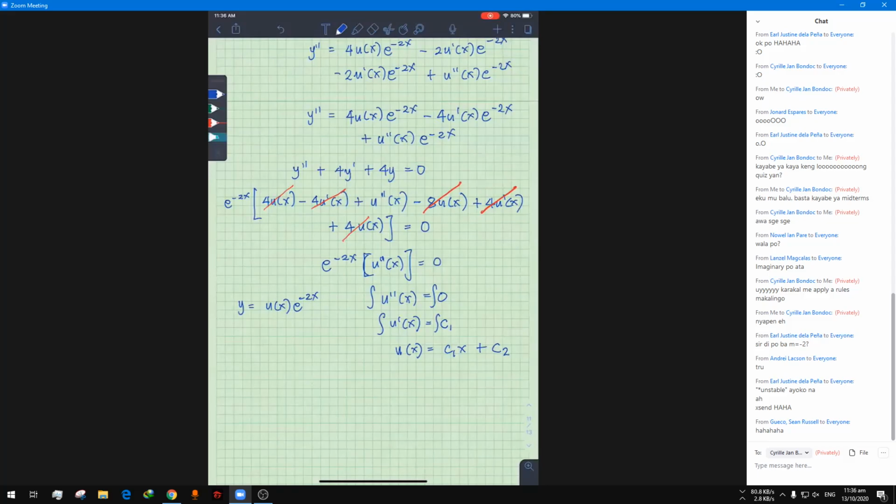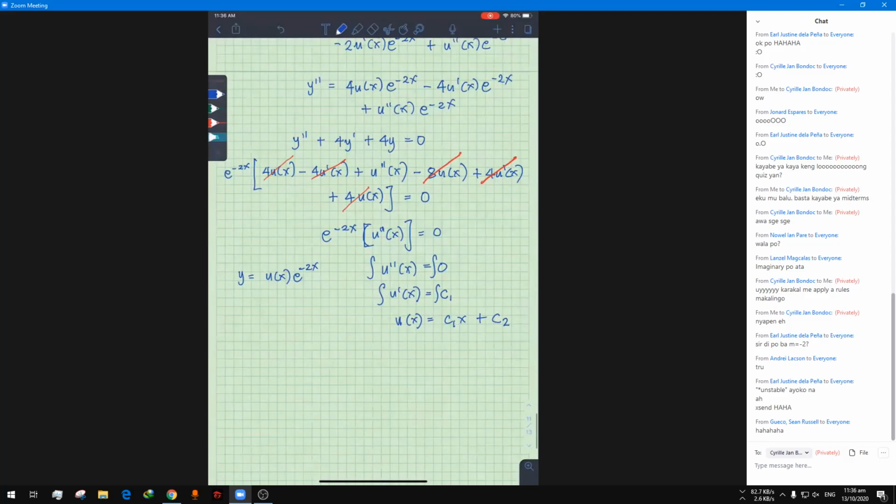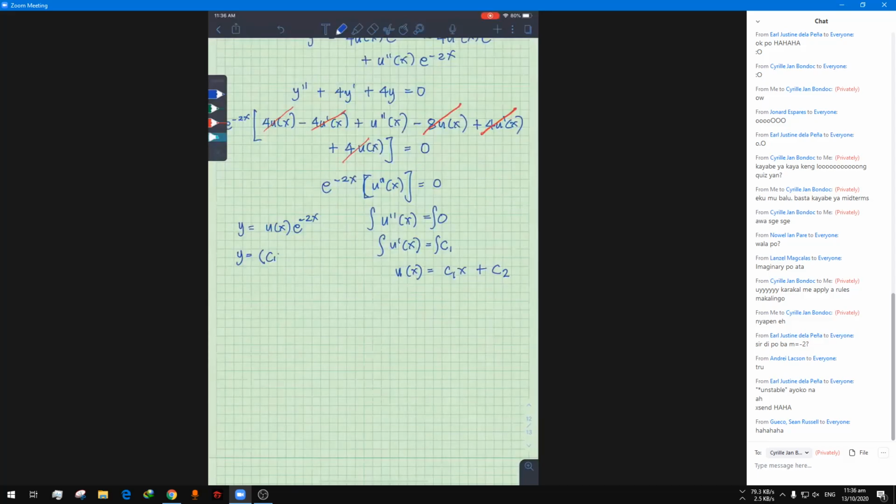So ngayon, meron na tayong solution. Remember, y is equals to u of x e raised to negative 2x, so y would be equal to c1 x e negative 2x plus c2 e raised to negative 2x. And that is our solution.